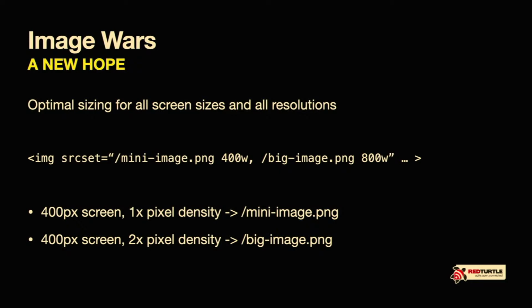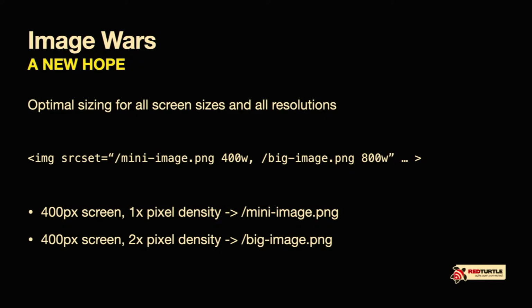The first one, the mini image, has to be used for a size of 400. The W is a dynamic unit, and I'll explain that later. And the big image is to be used for 800 width.